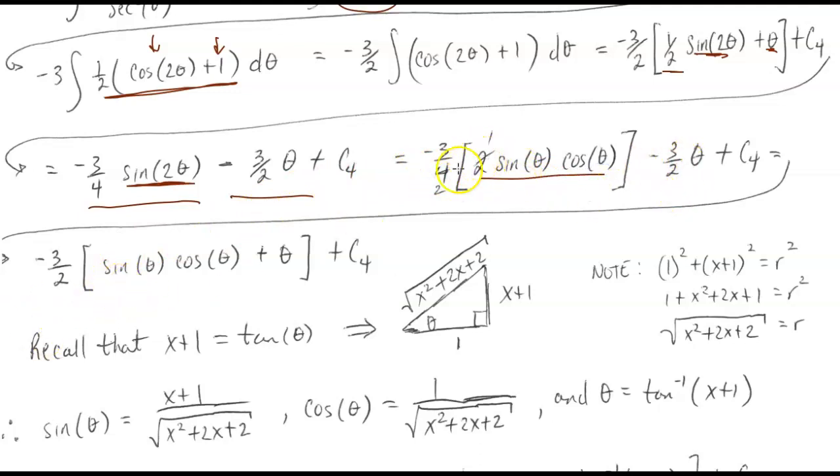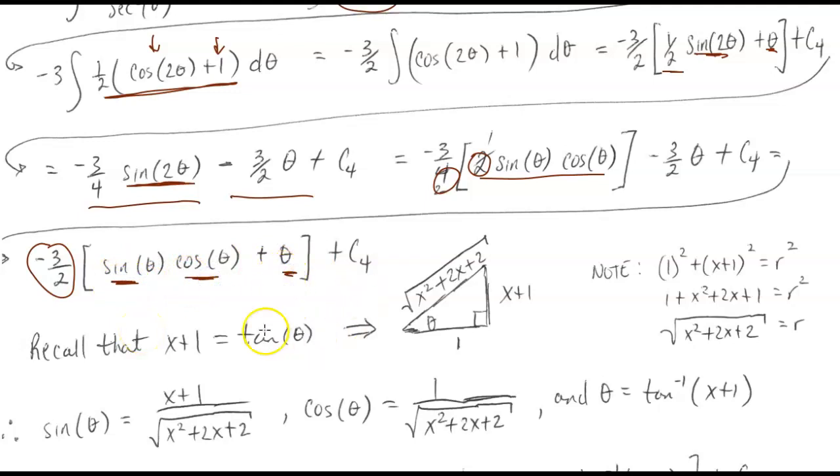I have a common factor of 2 that I can reduce to 1, and what I end up having left is just negative 3 over 2. Both terms have a negative 3 over 2 in them, so I factor that out. Now I see that I have sine theta times cosine theta, all that plus theta.